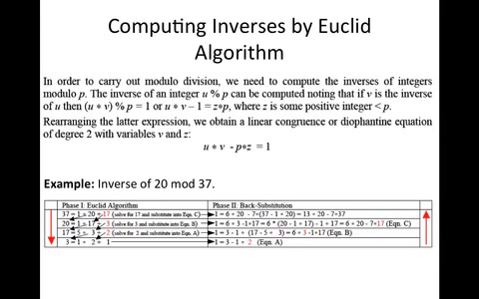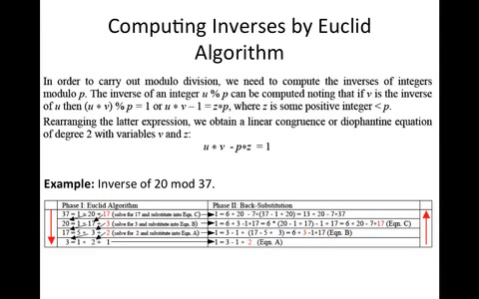Euclid simply tells you that you can carry out modulo division, or you can compute the inverses by way of the Euclid algorithm, which computes the greatest common divisor of two numbers. That's what the Euclid algorithm does. You give it two numbers, it then computes the greatest common divisor.